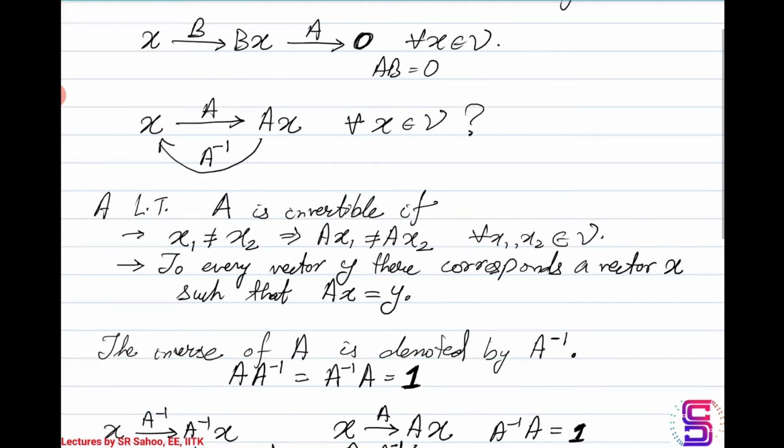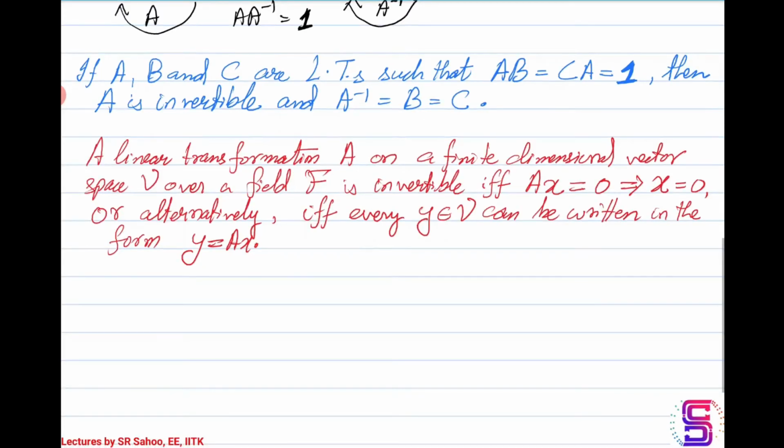Now, when we associate this special thing about a vector space, saying that it is finite dimensional, basically the dimension of the vector space is finite. In that case, you either need to check for the one-to-one condition or you need to check for the onto condition. If one of them is satisfied, then the transformation A under consideration is an invertible transform.